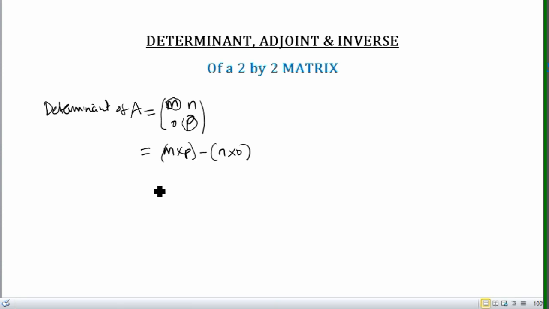Take the difference between the two, and that will give you the determinant.